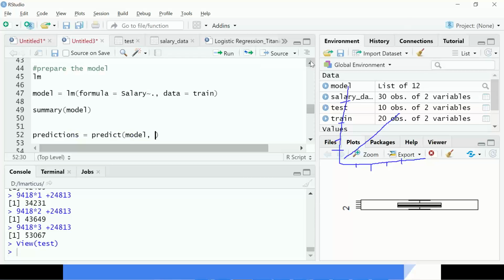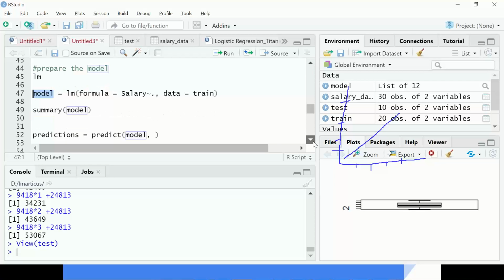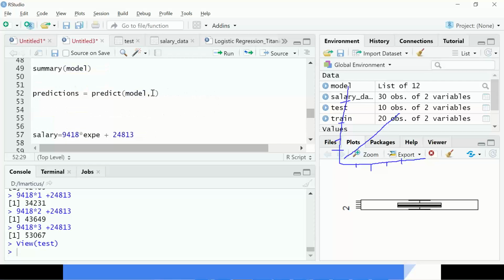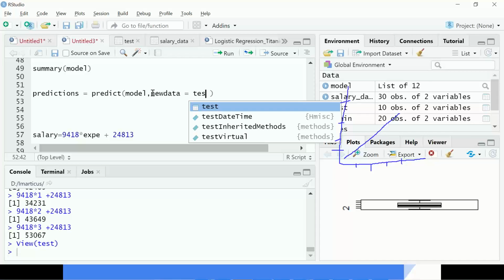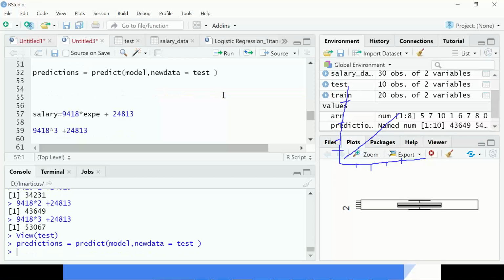I am telling it to use the equation that is generated over here and predict the results on new data, and the new data is test. So I am saying make my predictions using the equation on this data. And let us see the predictions now. My predictions are ready, and let us see that.